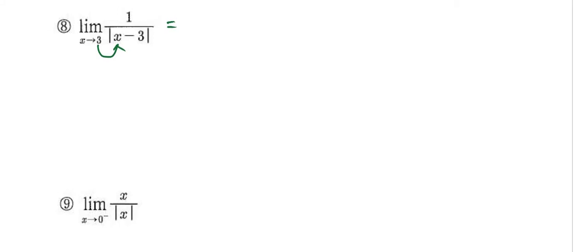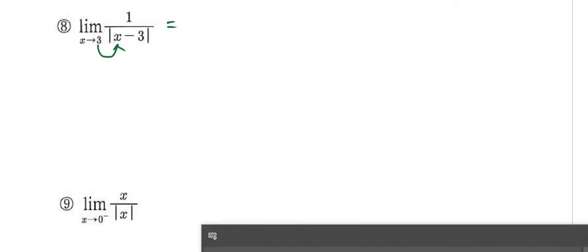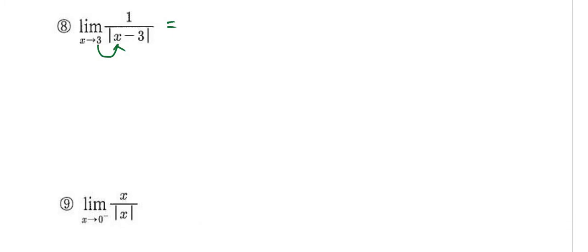So if I plugged in 3 there, I would get 1 over the absolute value of 3 minus 3. That is 1 over 0. So the numerator is okay, but the denominator is not. So this is definitely another vertical asymptote problem, even though there's an absolute value sign there.